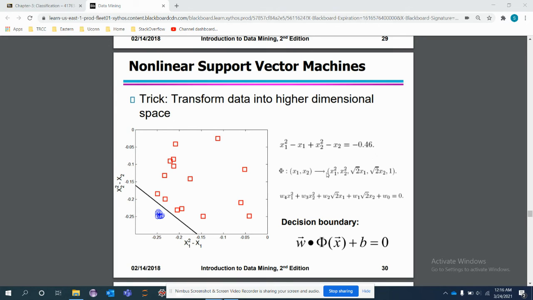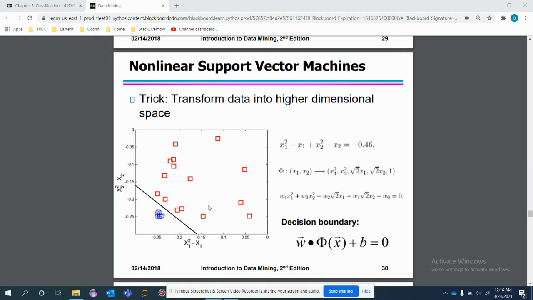Then from the second equation, we can further simplify it using the weights, and it is shown here in the third equation. If we again simplify in terms of a generic equation, the decision boundary will be formed by this formula, the bold formula here.